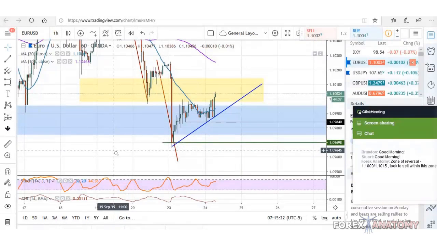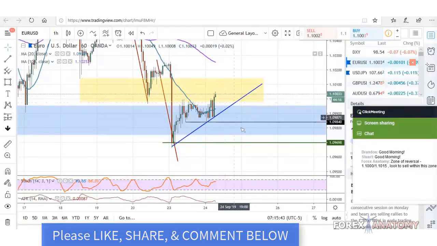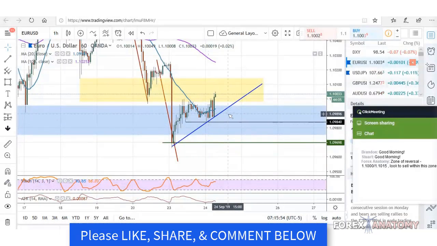And one thing I wanted to add for those of you that are deeply conservative traders, you're not as aggressive, you're not about picking tops and bottoms, you may want to wait for further confirmation. So let's say in this particular zone of supply up here, you see some type of reversal pattern or signal showing that the market would be bearish. Then what you could do also is wait for this ascending trend line support to break as further confirmation.